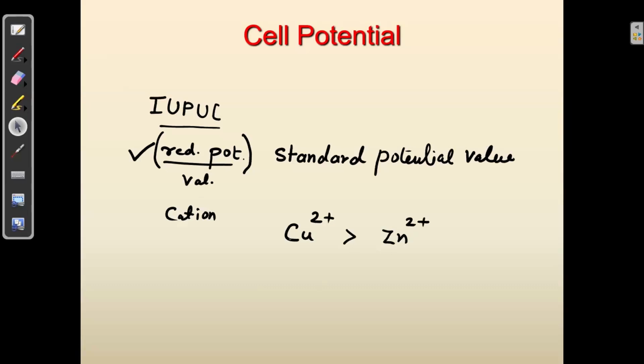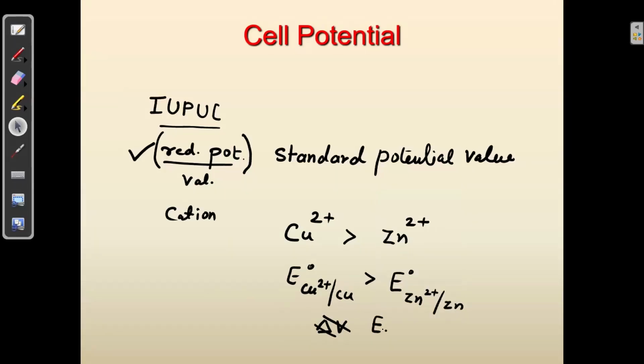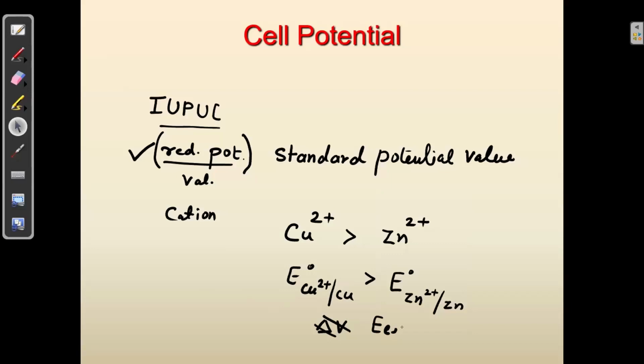So I am reframing the same statement: the standard reduction potential of copper plus 2 to copper is higher than the standard reduction potential of zinc ions to zinc. This is how we denote it. And the difference between these two is nothing but delta V. Usually we call it potential difference. In electrochemistry, we call it E cell, because we are now talking about a cell. E cell.